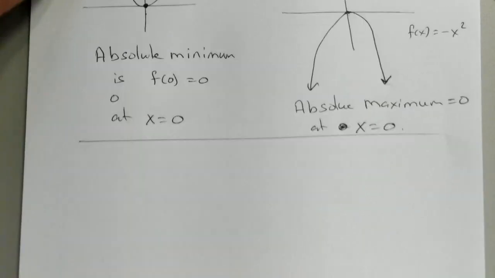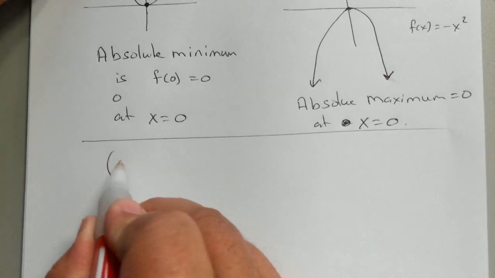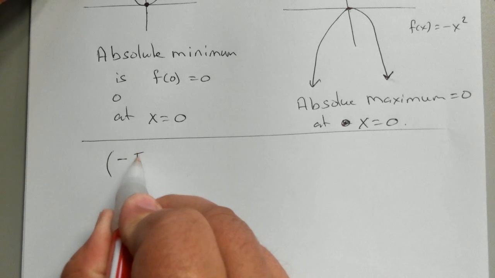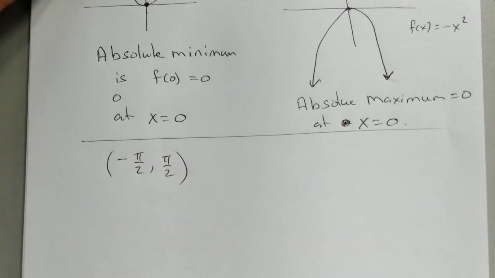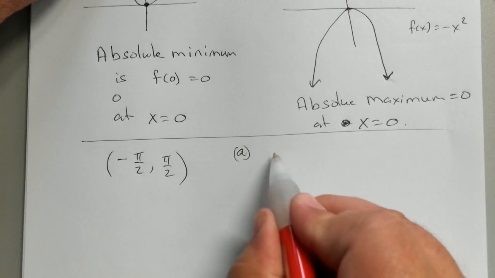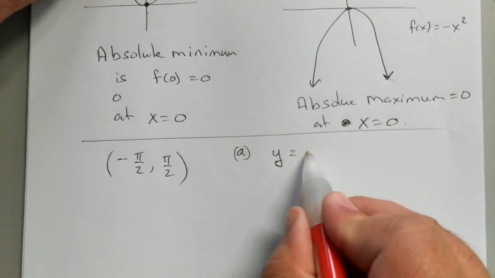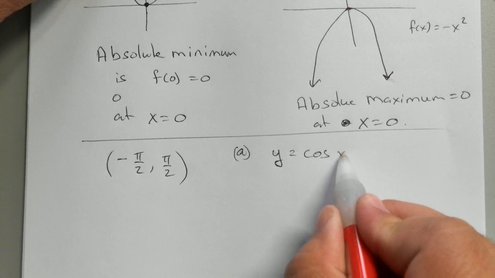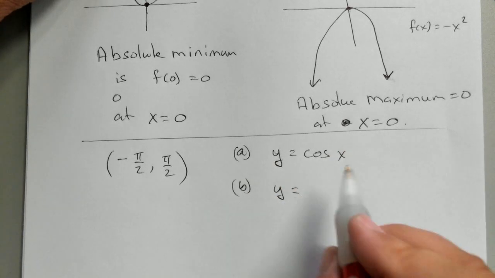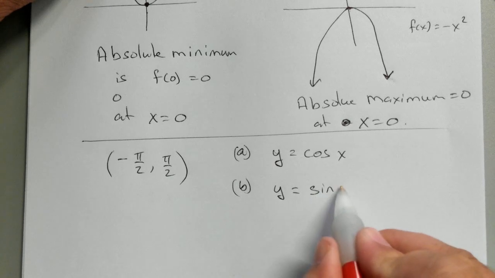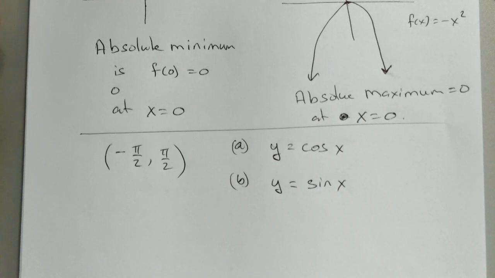Let's look at two more functions in the domain negative pi over 2 to pi over 2: y equals cosine x, and then y equals sine x.